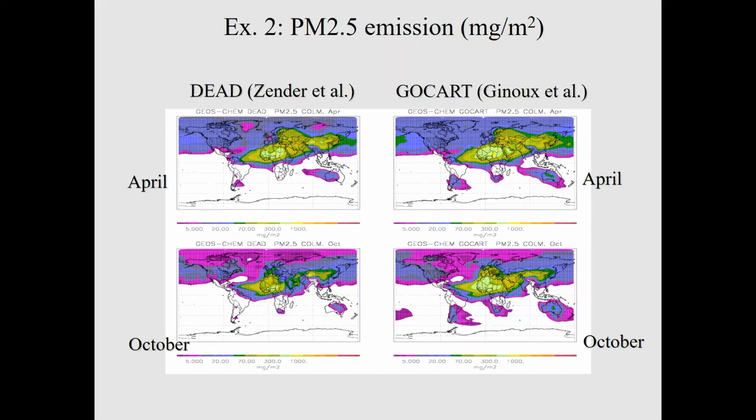So as you change the shear stress based on atmospheric turbulence and the physics of the atmosphere, you can entrain more or less dust. But there's nothing about the surface itself that modulates through time that emission potential. DEAD is considered generally to be an improvement upon the GOCART model in that it uses vegetation cover, which is dynamic through time, as a way of modulating dust emission, primarily through leaf area index.